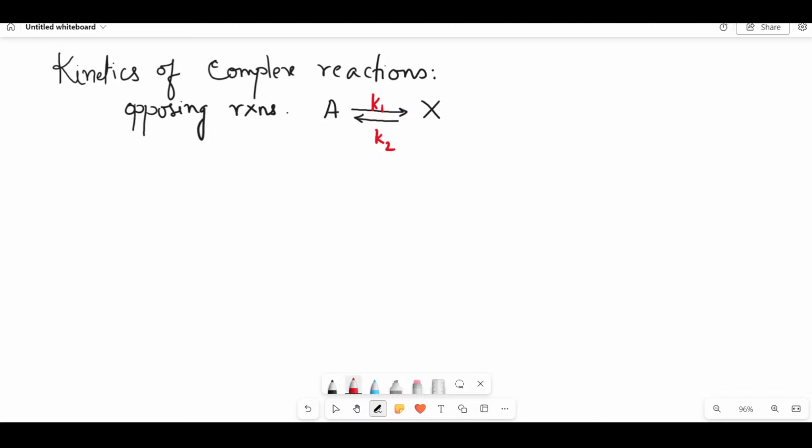Let the initial concentration of A be a.